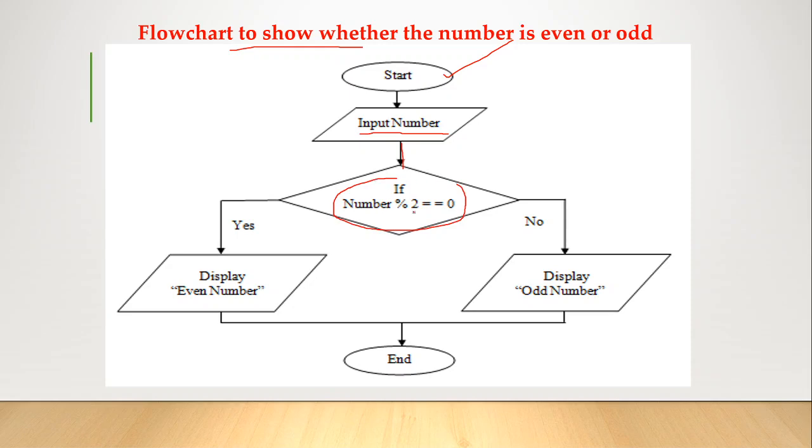If number % 2 equals 0, that is, if the remainder is 0 and the condition is satisfied, then yes, the number is even. If this condition is false, then it goes in the no direction, and it displays that the number is odd, and after this there is the end of the flowchart.